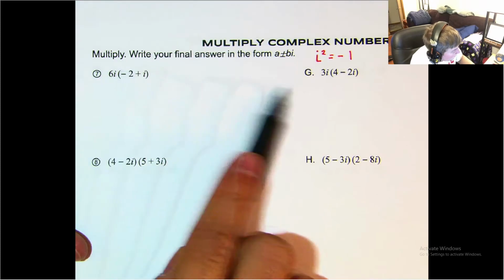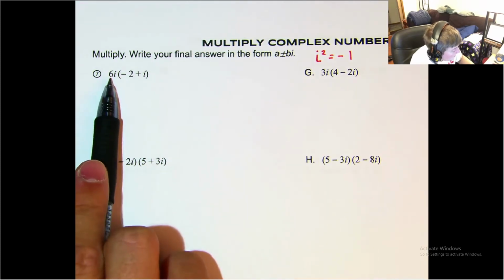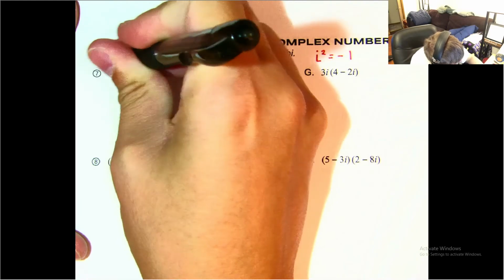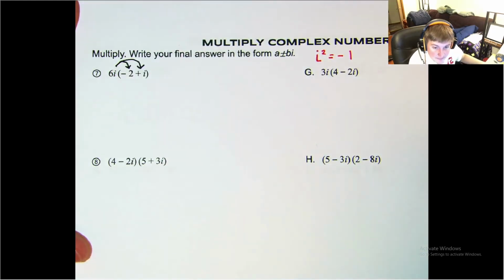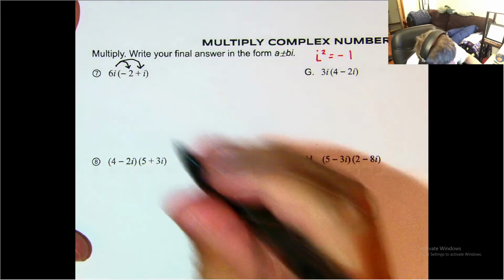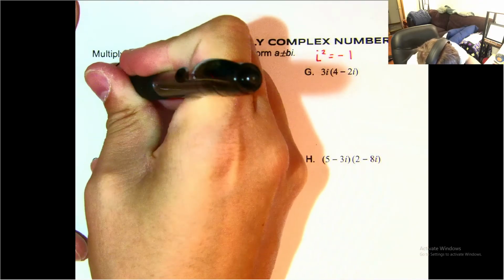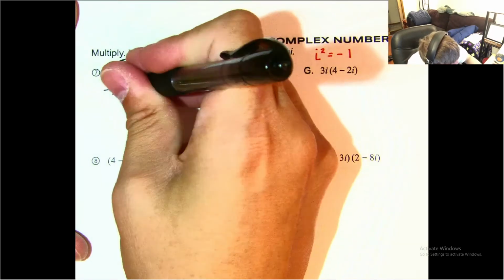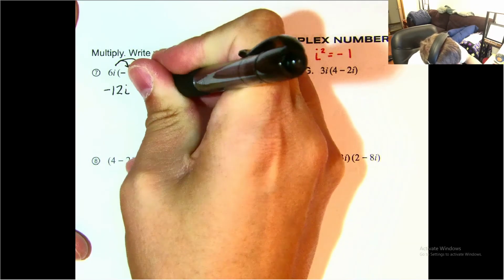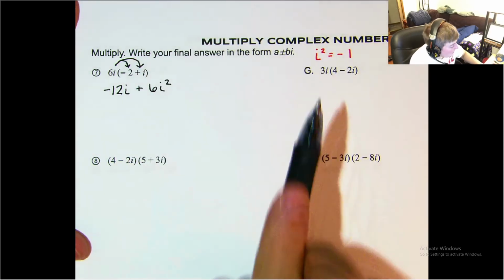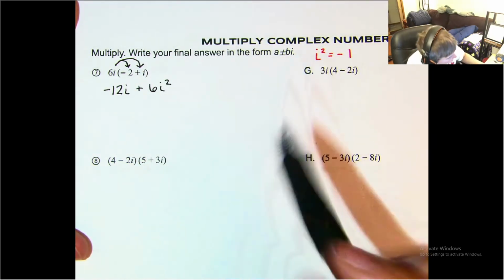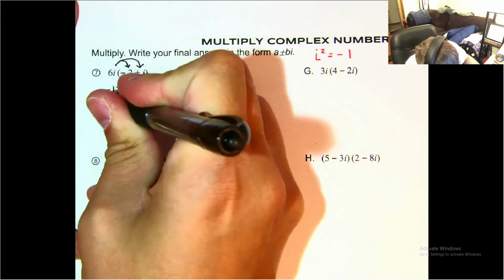So here I'm multiplying. So right here, I have to distribute. So I'm going to have 6i times negative 2 and 6i times a positive i. So 6i times negative 2 is negative 12i. And then 6i times i would be 6i squared. Okay. But again, we have this fact now that i squared is equal to negative 1. So I can go ahead and rewrite this number.